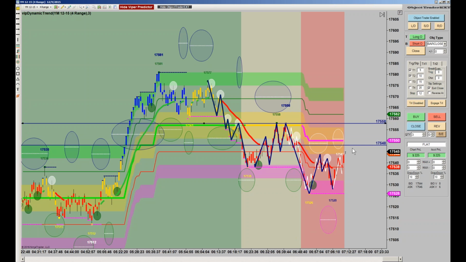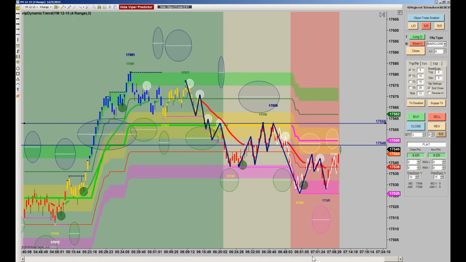We draw a line at 48. It's got to at least hit 48. Turn it on bar close. See if we can get us a little trade.